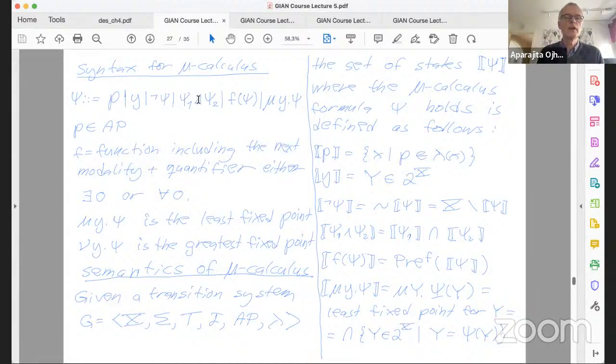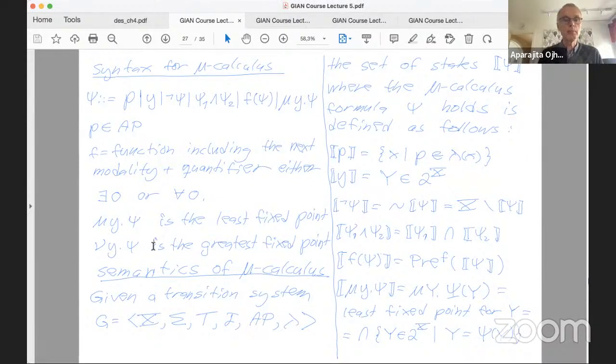You can take the conjunction of two, and there is a function for describing the next modality, including also quantifiers. So either exists next or for all next. Those are the two next operator functions that are expected here.